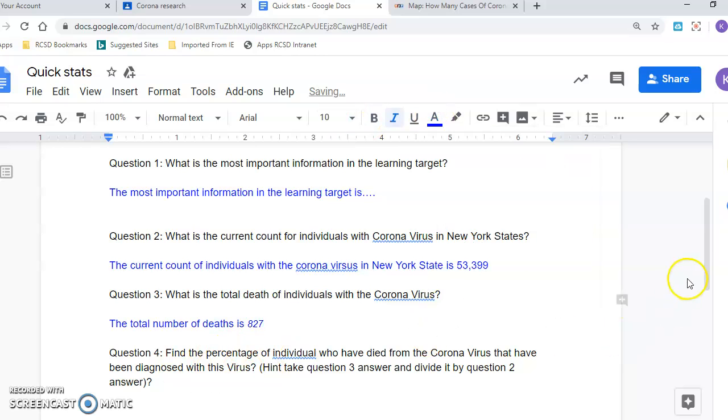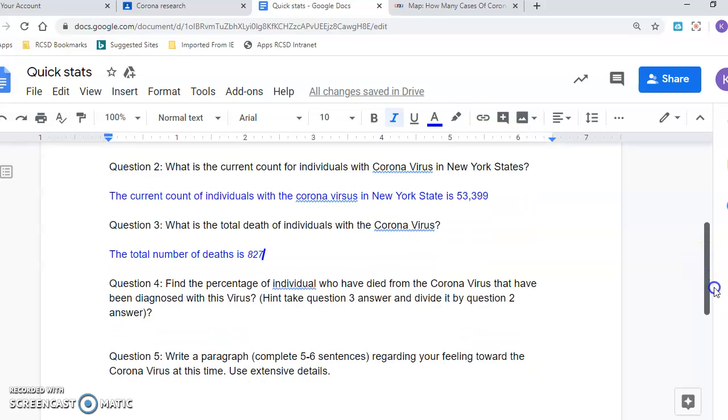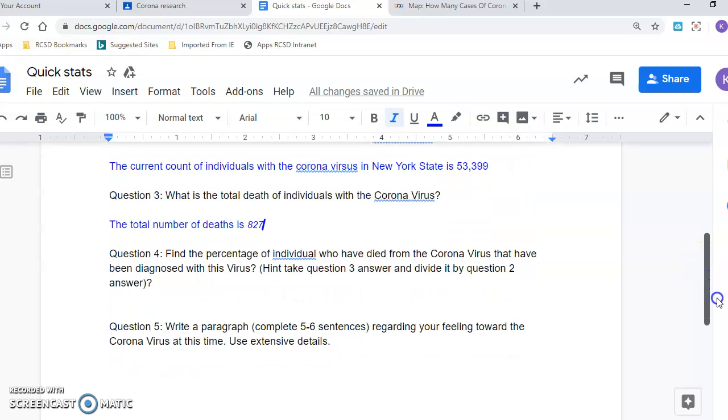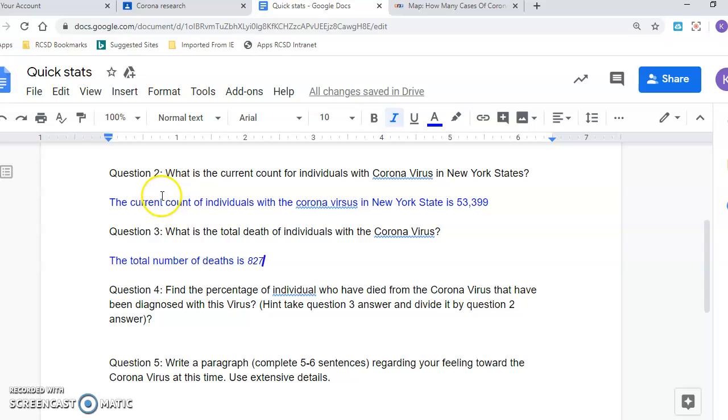Find the percentage of individuals who have died from the coronavirus that have been diagnosed with the virus. Hint, take question 3 and divide it by answer 2. Okay, so question 3 is the 827.